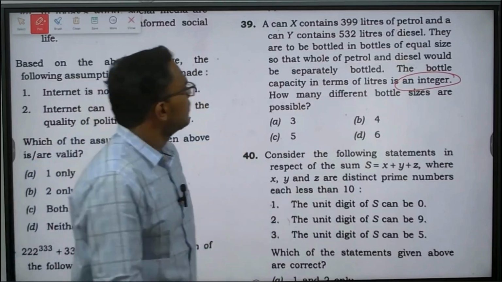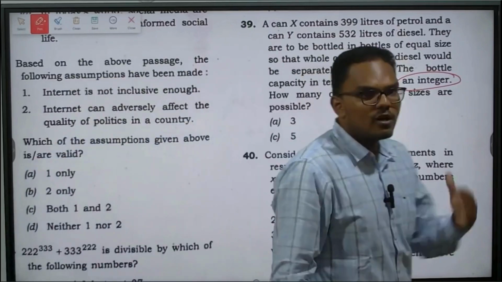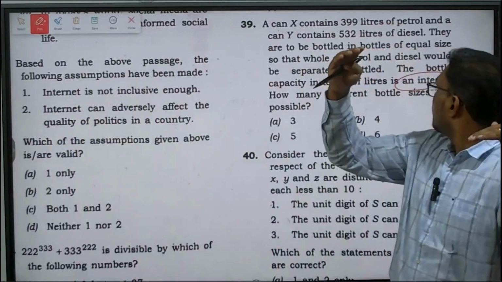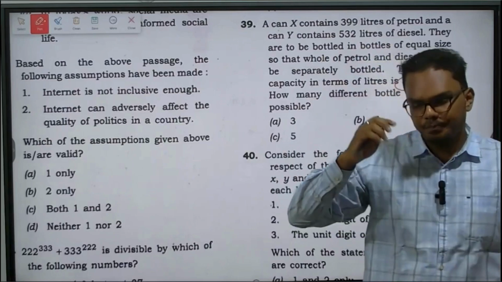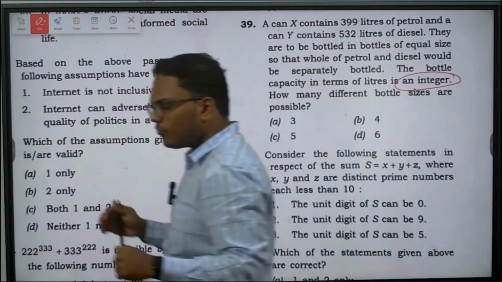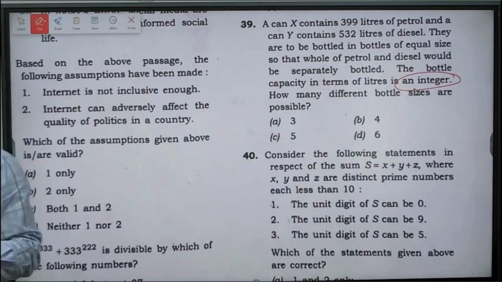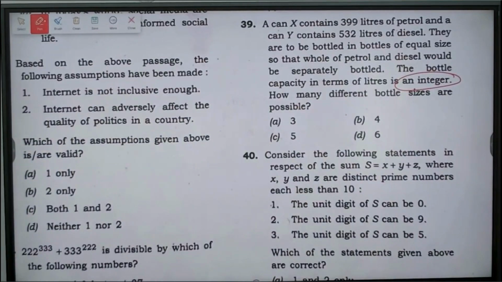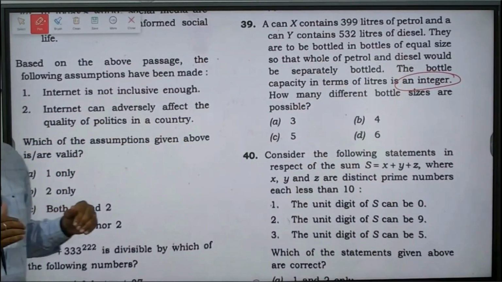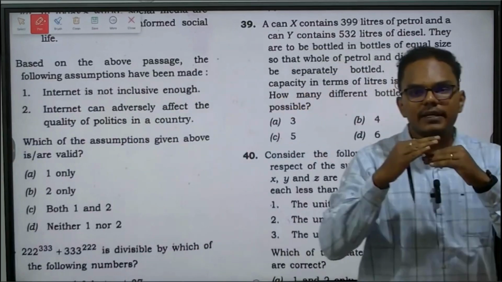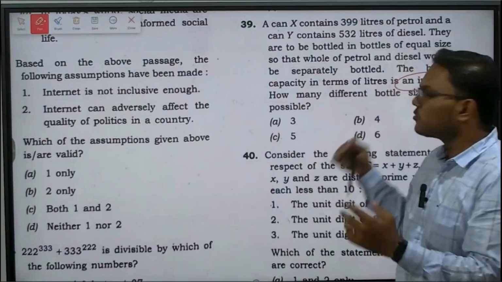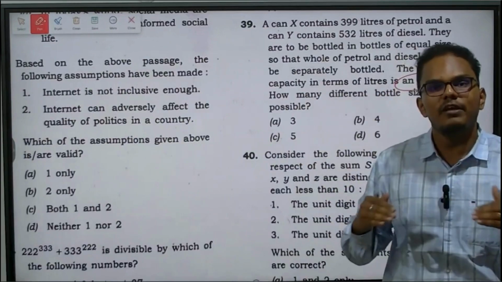Now you have 399 and you have 532. You are going to separate this into bottles of equal size, which means this 399 is going to be divided and this 532 is going to be divided, and it should divide perfectly.